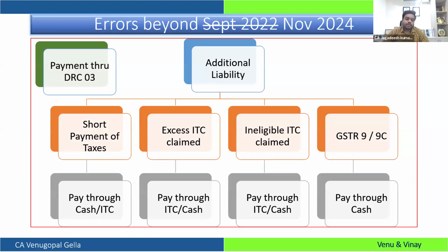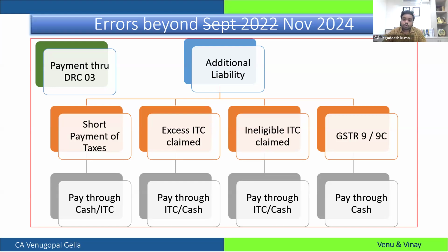So if you have not found any error beyond November 24, we are in the month of December. Now we have started preparing workings of 9C. Now we have noticed additional liability because of short payment of taxes, excess ITC claim or ineligible ITC. In that case, how can we discharge the liability?